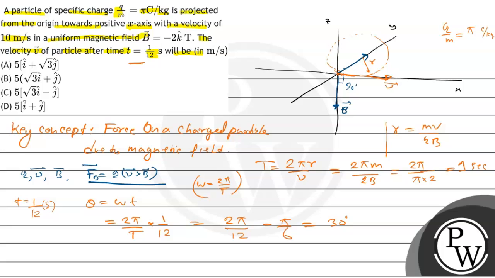So going to the next page, so basically this is the coordinate axis and the particle is doing a circular motion like this, right? Let's say this is the center of the circle, then at t equals to 1 by 12 second, the theta covered, that is the angle covered, is 30 degree. So let's say this is 30 degree.